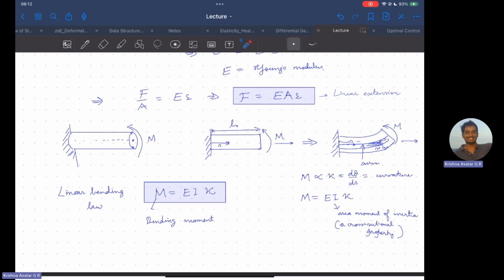And when there is bending, of course you would have a curvature, which is a geometric quantity here.